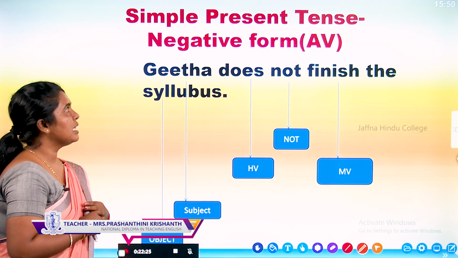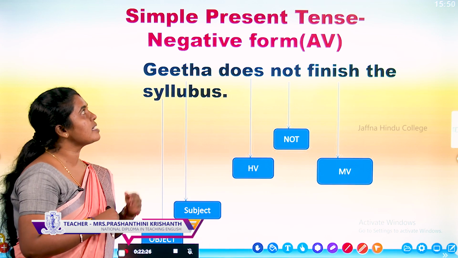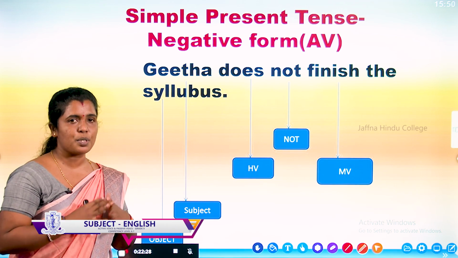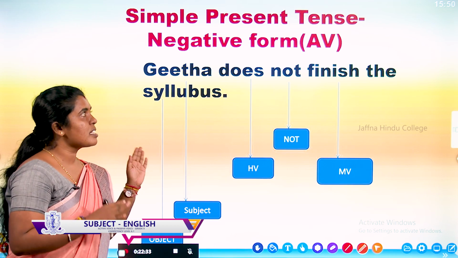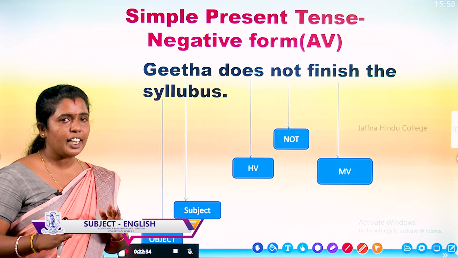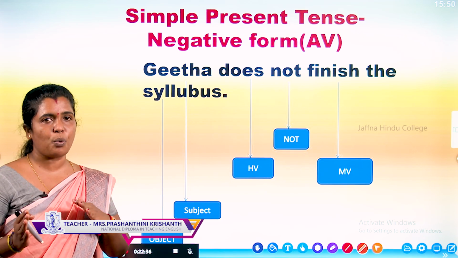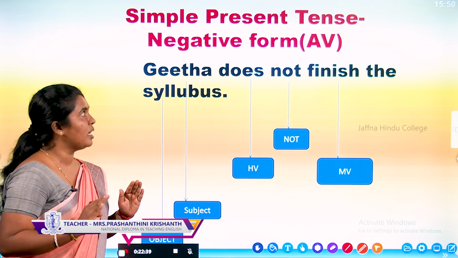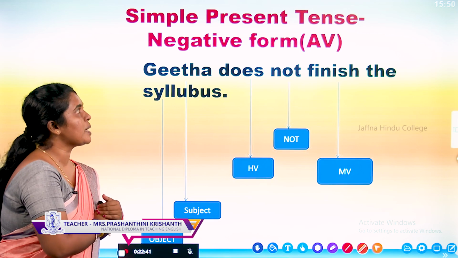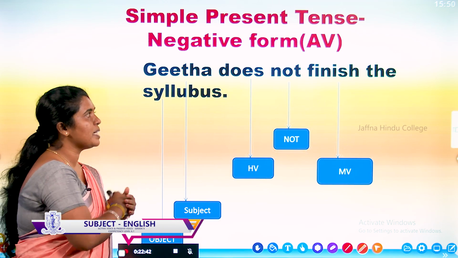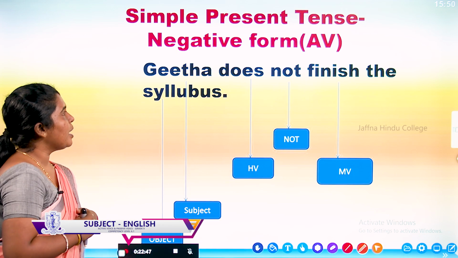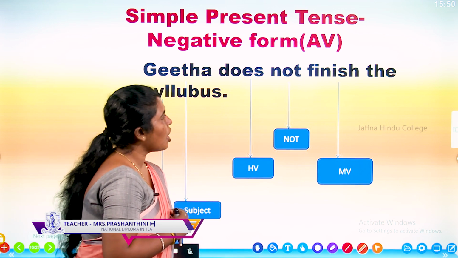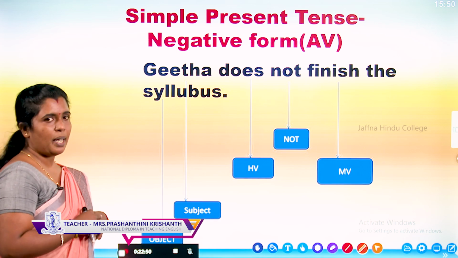Now see another one, simple present tense negative form. So this is another part, okay. So simple past tense, negative form, and the interrogative form, active voice, passive voice is almost over. Now we are going to simple present tense, negative form. This is active voice type. See the example, Geetha does not finish the syllabus.